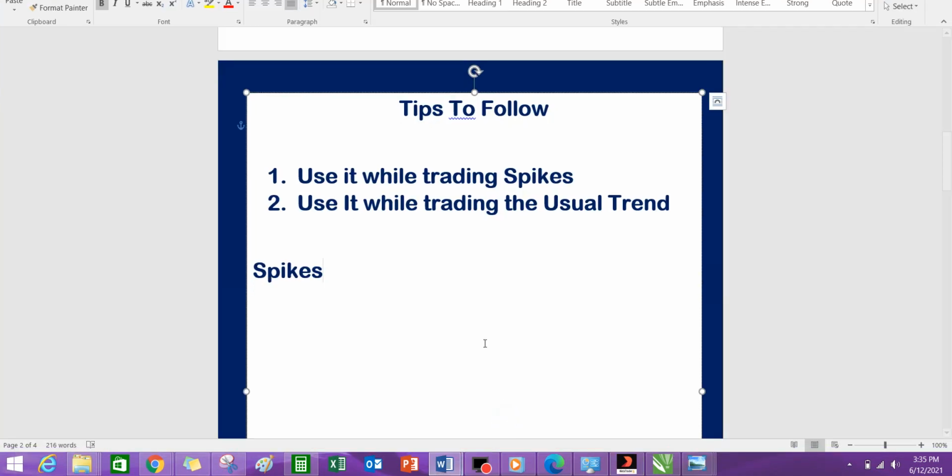The first thing you need to know is that trading the normal trend with stop loss, you need to use it when swing trading.